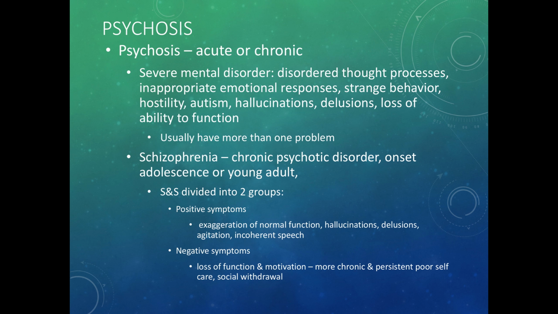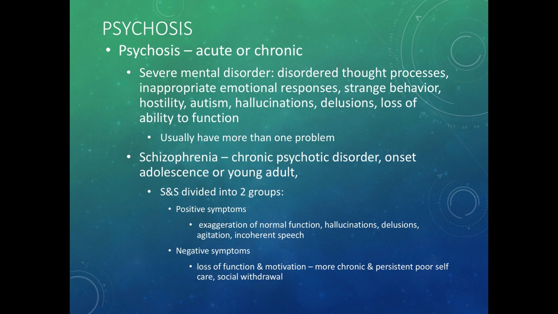One of the more common chronic psychotic disorders that is a type of psychosis is schizophrenia. And the typical onset for this is as an adolescent or young adult. And some of the signs and symptoms would be divided into either the positive or exaggerated symptoms and the negative or depressed symptoms. A lot like bipolar, right?